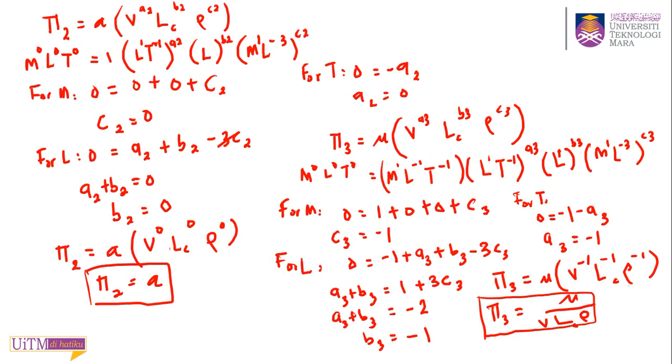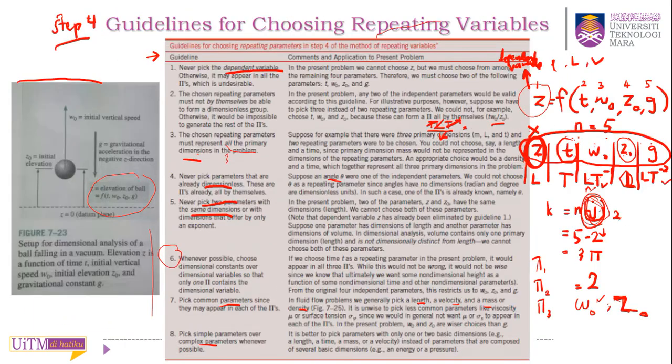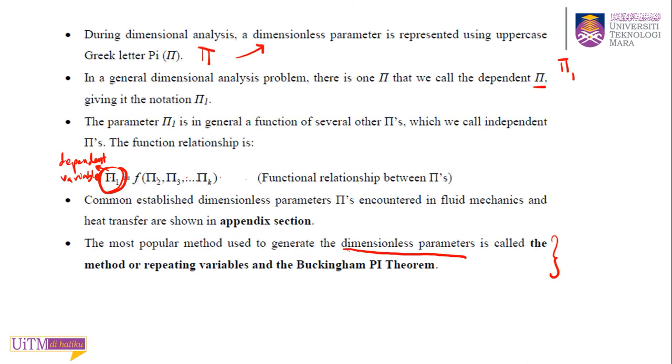As we learned here, after you have found all the pi, you need to write pi 1 equal to f of pi 2, pi 3, pi 4, however many pi you have.